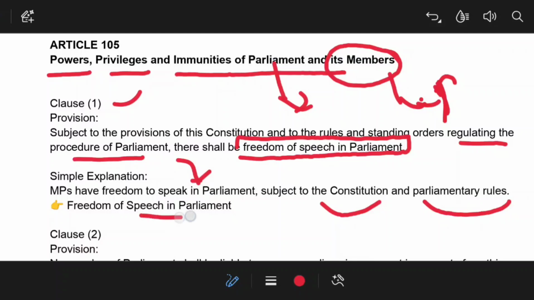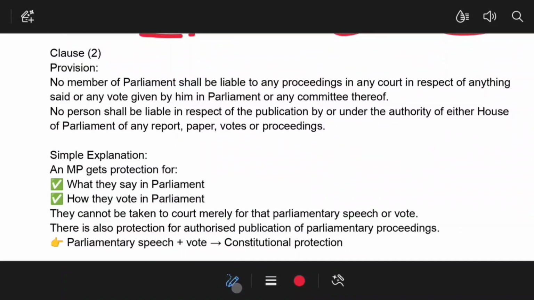Clear? So freedom of speech in the parliament, but it is also not absolute, because there are certain parliamentary proceeding rules available to both the houses, Lok Sabha as well as the Rajya Sabha. And apart from this, the constitution also provides some provisions that you should keep in mind while you are speaking in the parliament. So this was about 105 clause 1 about the freedom of speech.